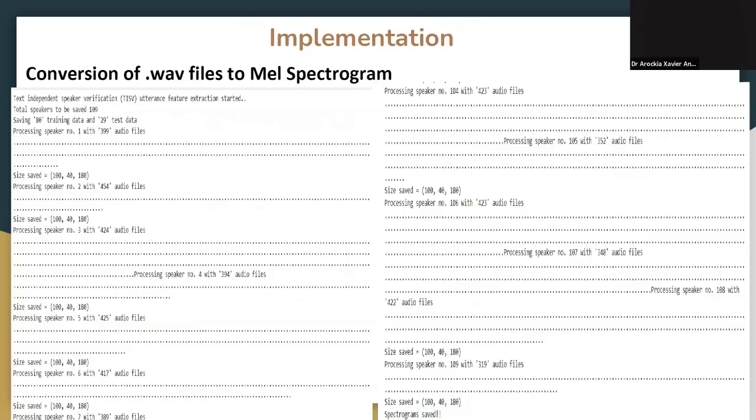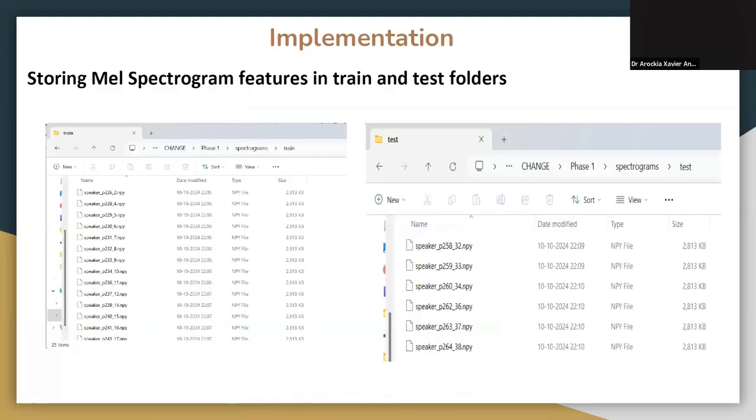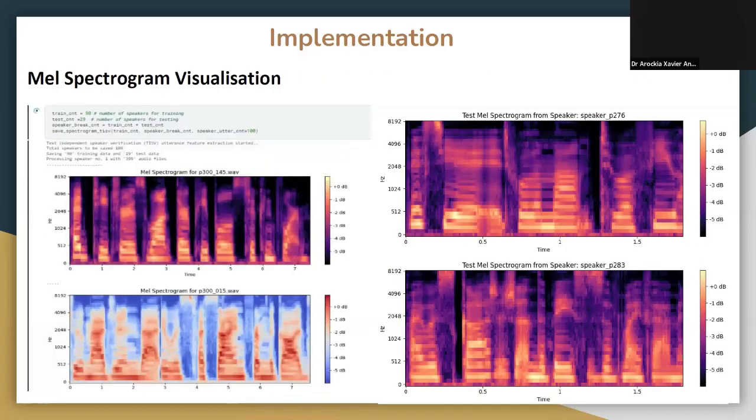And these are some of the implementation outputs for the .wav to MELSPEC program. The train and test folders and the utterances of each of the speakers, with several files in the data corpus. And conversion to MEL spectrogram, the MEL filter bank.